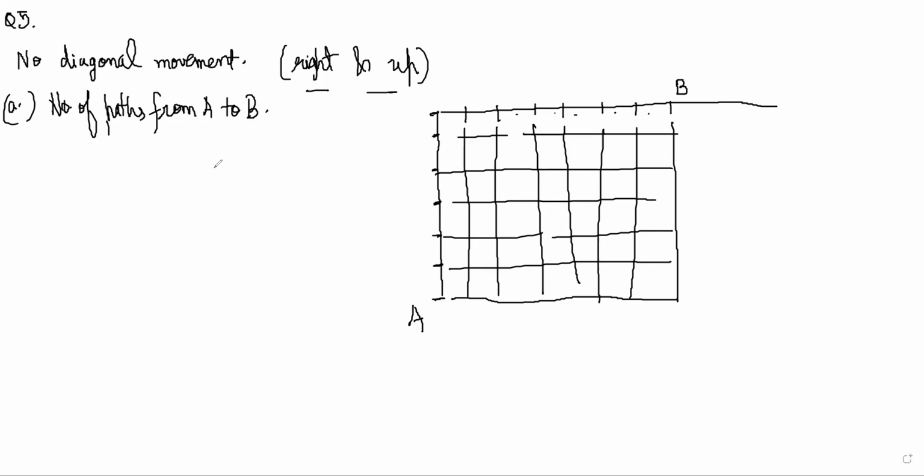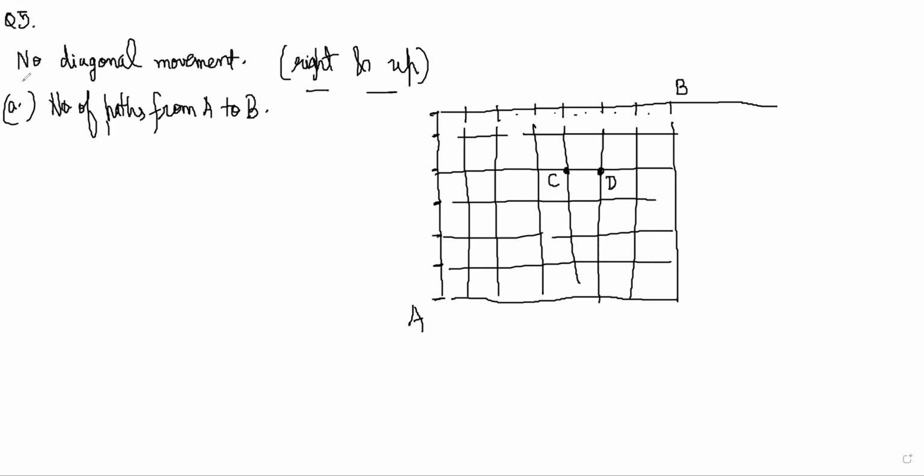Then there is a point C, 3 units here and 2 units down. There's a point C here and a point D here.